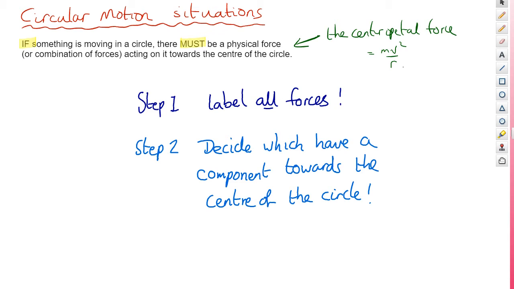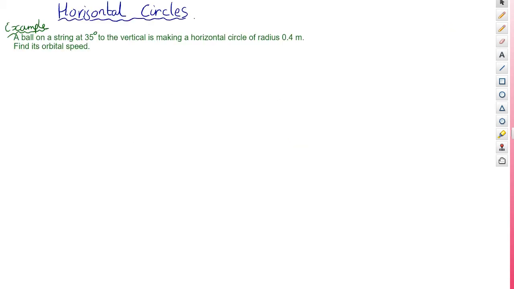So let's do an example of a horizontal circle first. A ball on a string at 35 degrees to the vertical is making a horizontal circle of radius 0.4 meters. Find its orbital speed. The first thing to do, of course, is to draw a diagram of that.